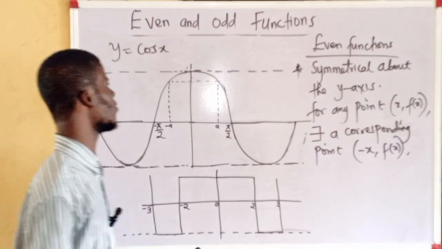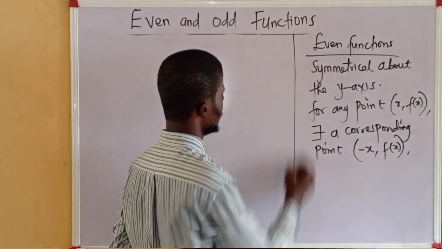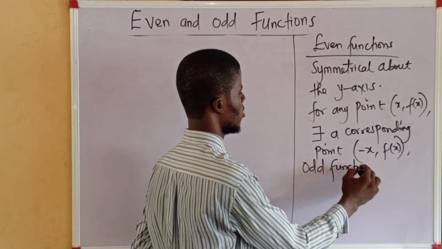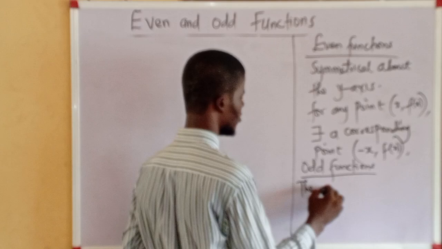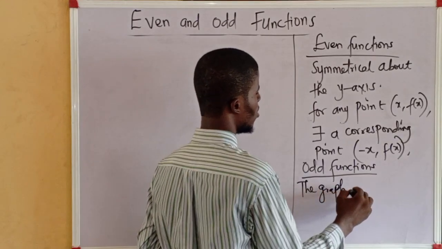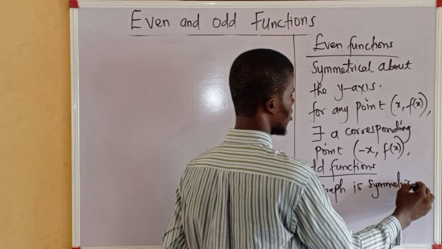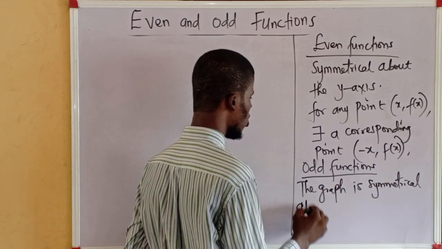Now, what about odd functions? For odd functions, the graph is symmetrical about the origin.